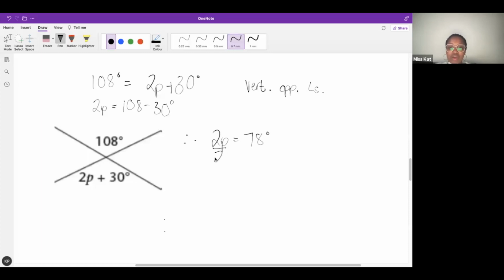You divide by 2 on both sides to get rid of it. Therefore, x equals 39 degrees. Right? 39 degrees. Yes, you are correct, Dwayne. Sianda also has a nice reason there in the chat. I see it.